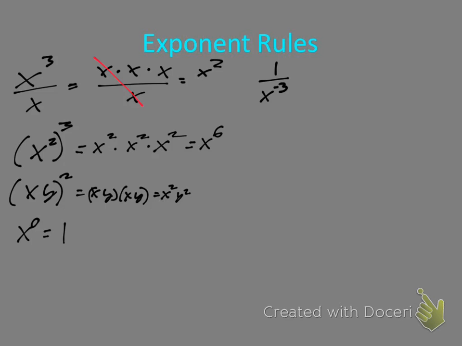Would it still be x to the negative 3rd? Nope. You can't have negative exponents in the denominator, period. So times by negative 1? Nope. Is it the reciprocal? Nope.